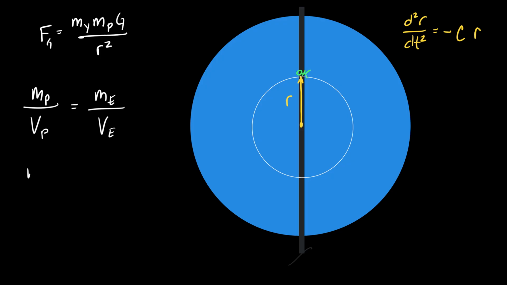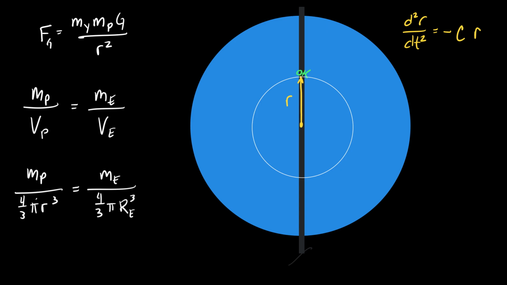Well, the mass of the pit divided by the volume of that pit, that volume would be 4/3 pi little r cubed. Compared to the mass of the Earth and the entire volume of the Earth, which would be 4/3 pi capital R cubed. All good?